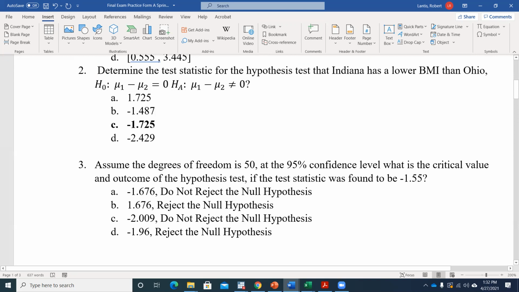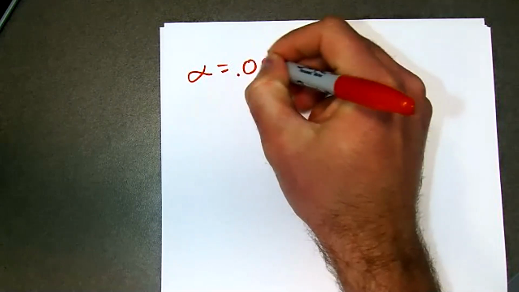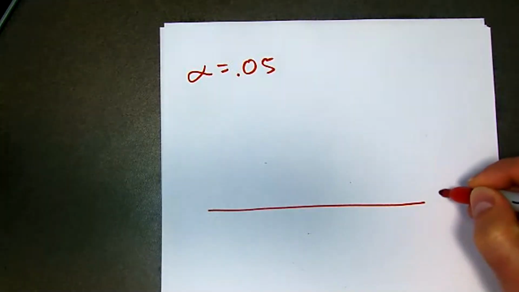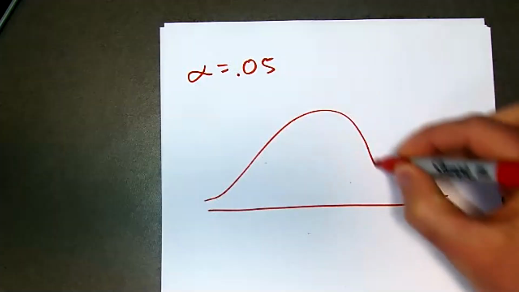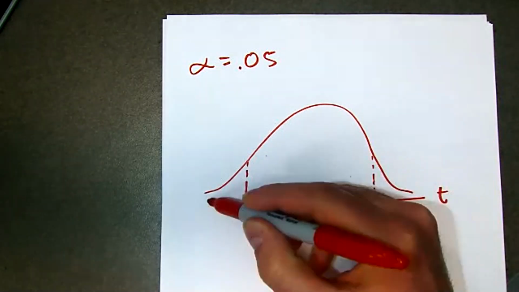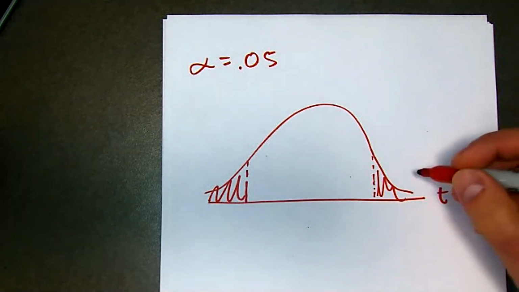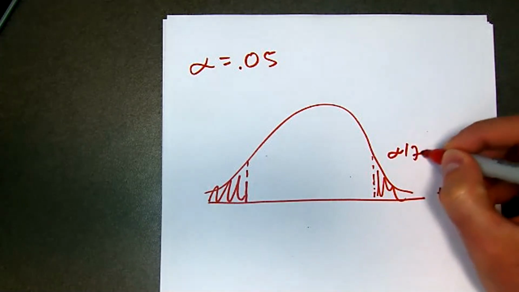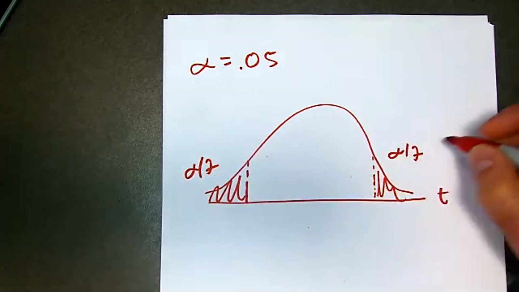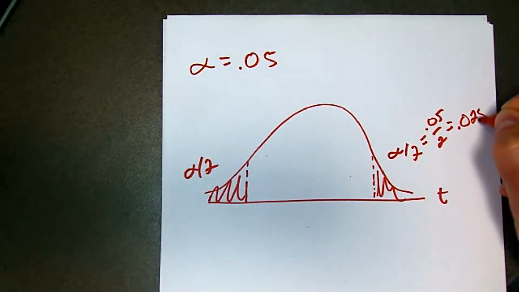So if I want the 95% confidence level, but I've got a two-tailed test, my alpha is still 0.05. But for a two-tailed test, I need to find the critical value that gives me alpha total in the tails. So it's very similar to confidence intervals for a two-tailed test. We're going to have half of alpha in each tail. So this is 0.05 over 2, so 0.025.